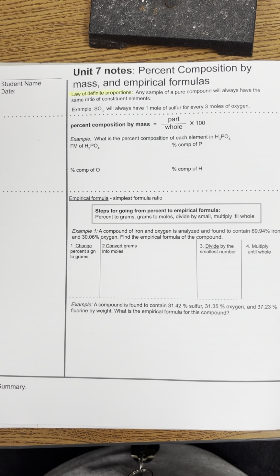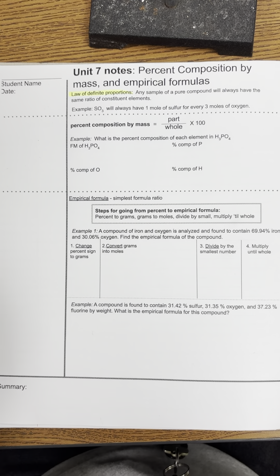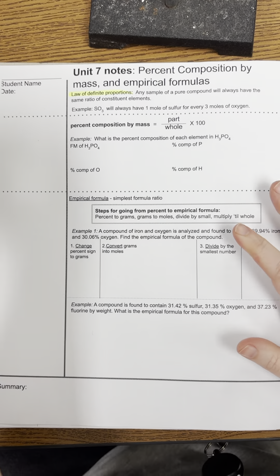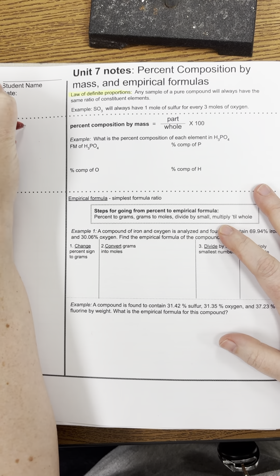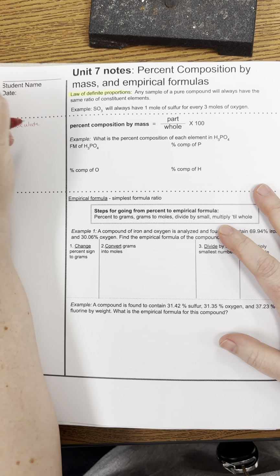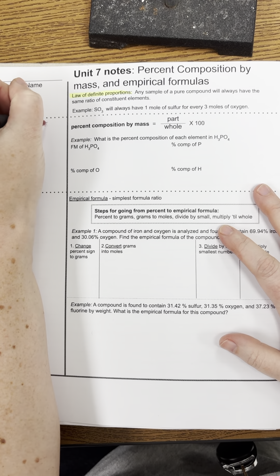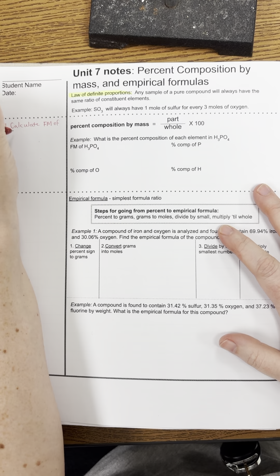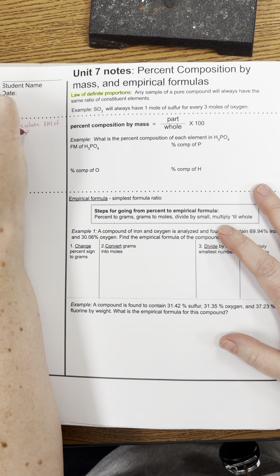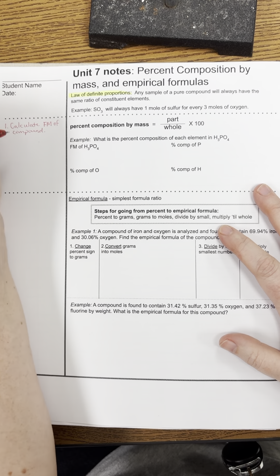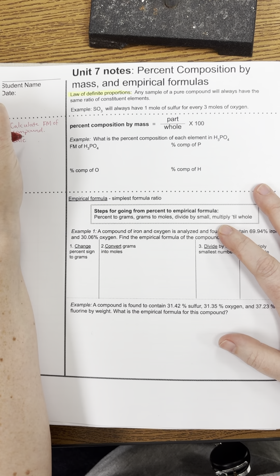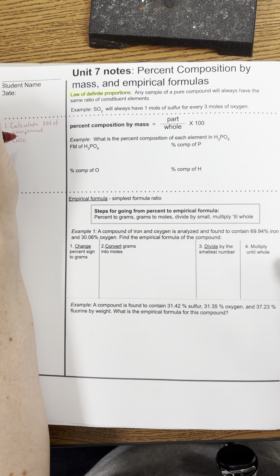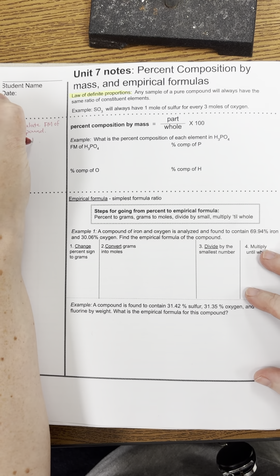The steps for calculating percent composition start with calculating the formula mass of the compound, then you're going to calculate the formula mass of each element and divide that by the total formula mass.